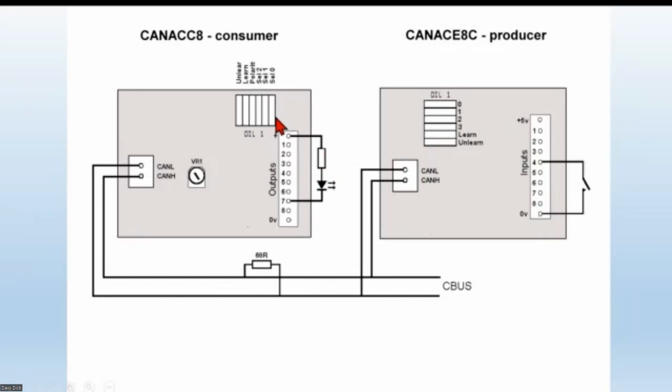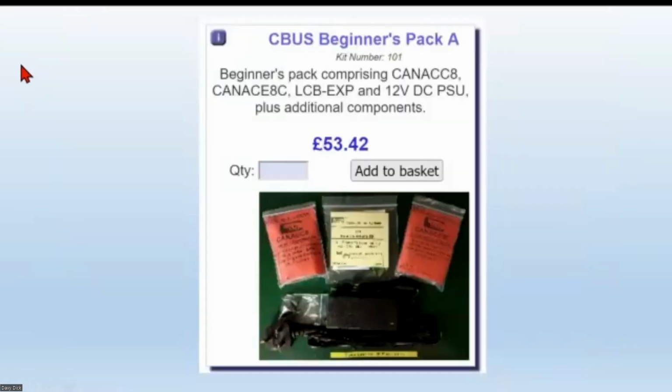You can configure it using jumpers or via software that I'll talk about in a minute. These have been around for a long time. Although they are there as the beginner's pack, they're actually the version 1 or series 1 of the C-Bus modules.